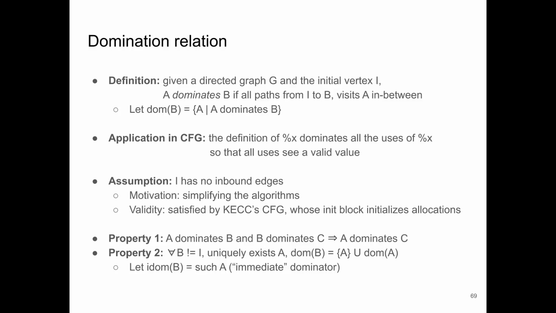So far, so good. In addition, to streamline the algorithms on the domination relation in the CFG, we assume that the initial vertex I has no inbound edges. In other words, the initial block of a function has no inbound edges; no block is jumping to the initial vertex I. That's the additional assumption we are making here.